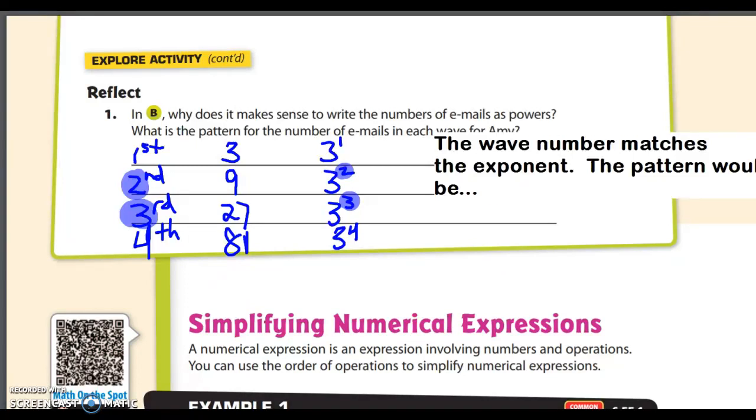It'd be 3 to the first, 3 to the second, 3 to the third, 3 to the fourth, and it just goes on forever. That's the pattern.